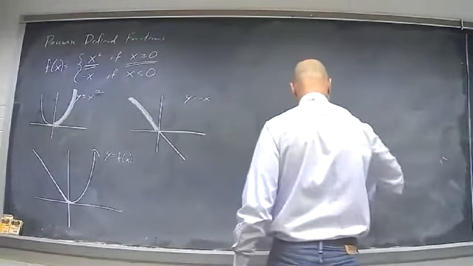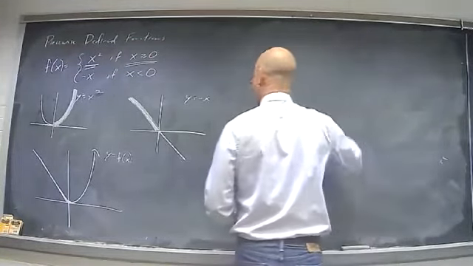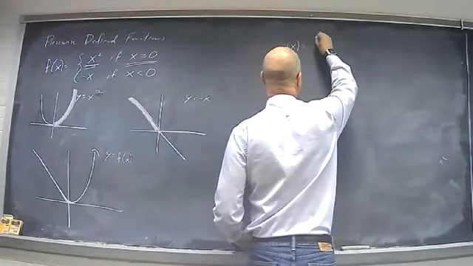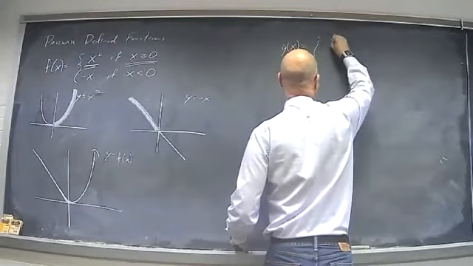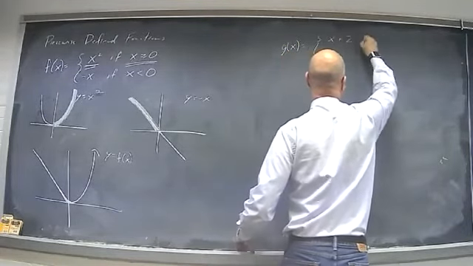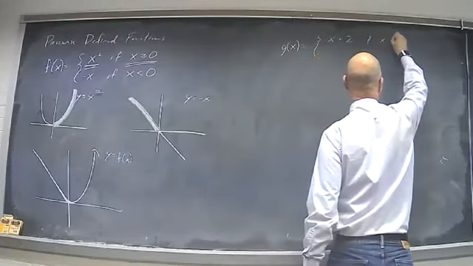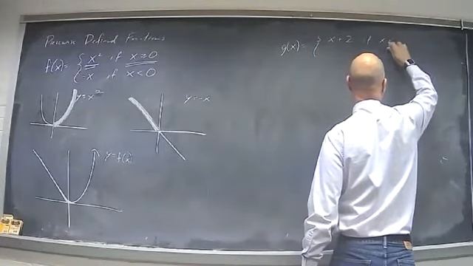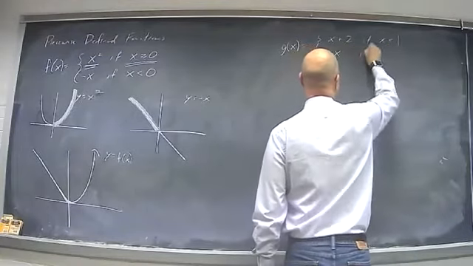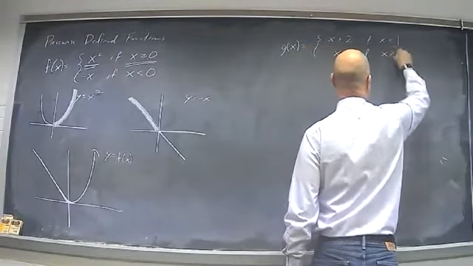So for instance, if I have the curve, let's say x plus 2, if x is less than 1, and is equal to x, if x is greater than 1.